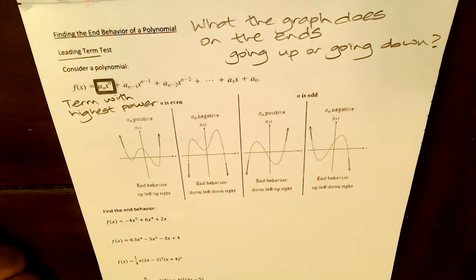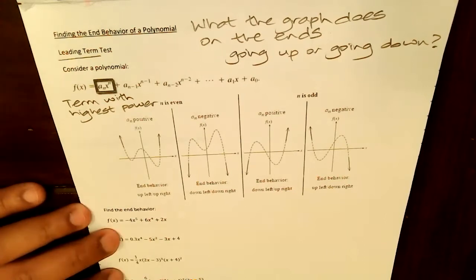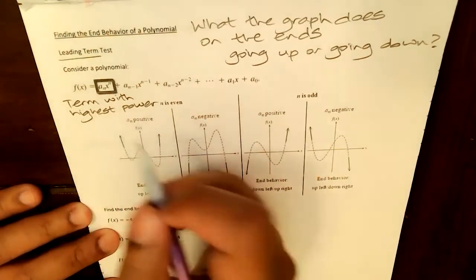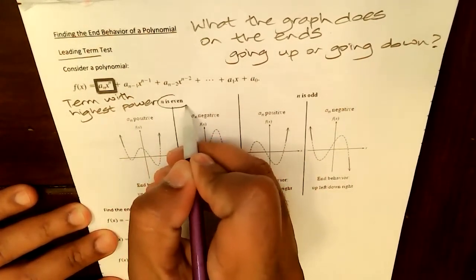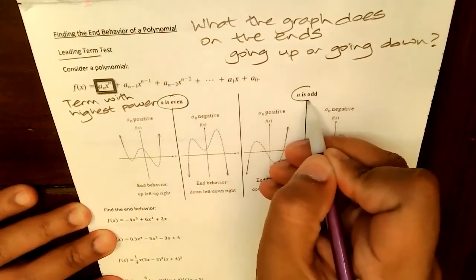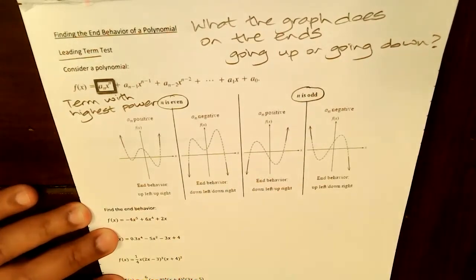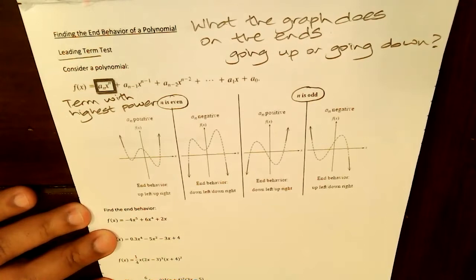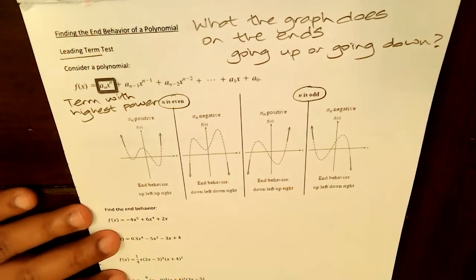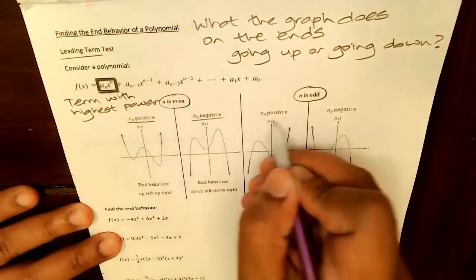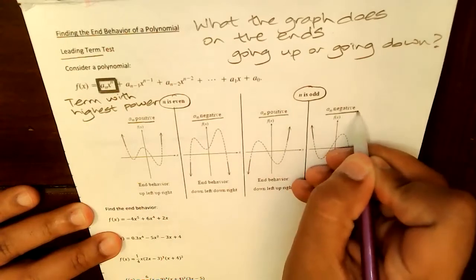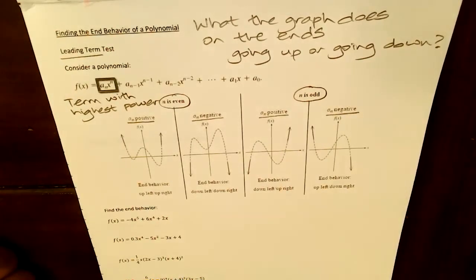What we're going to do with that term is we're going to look at two things. We have to look at the power, and we're going to determine if the power is even or if the power is odd. And then we're going to look at the number that's in front of the x. We want to see if the number in front is either a positive number or a negative number. That's what is going to help us figure out the end behavior.